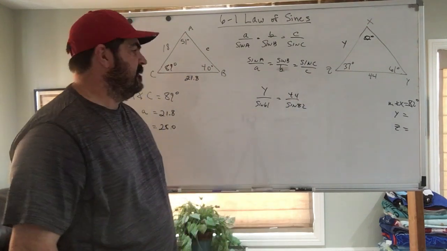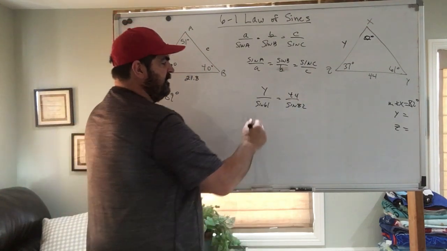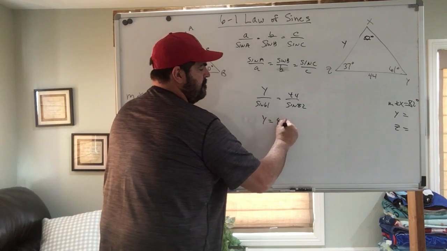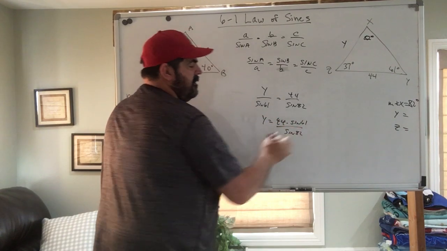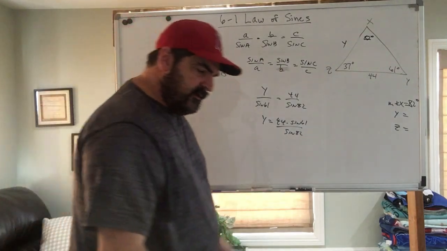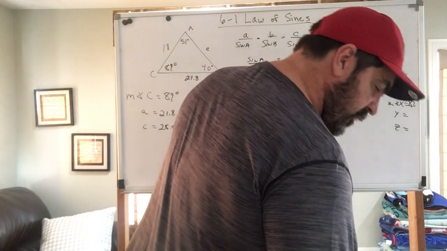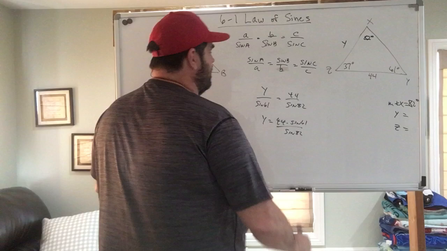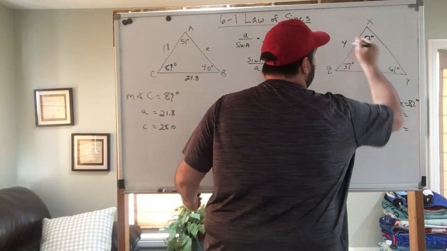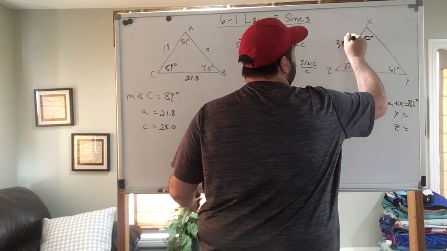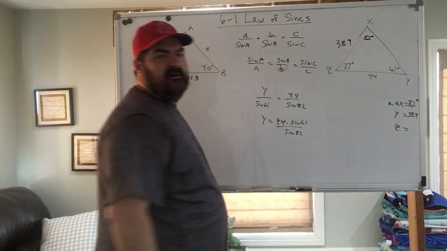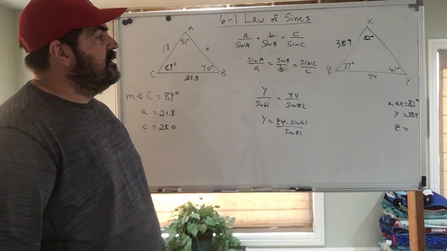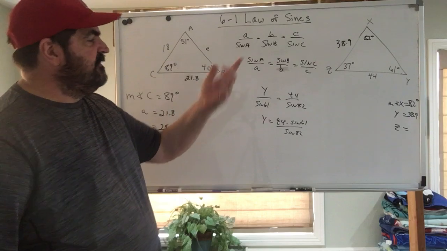All right. So now I multiply by sine of 61. Punch that in my calculator, do all that work. And what do we find? Y is 38.9. I'll put it up here in the picture. And that's how long that side is.